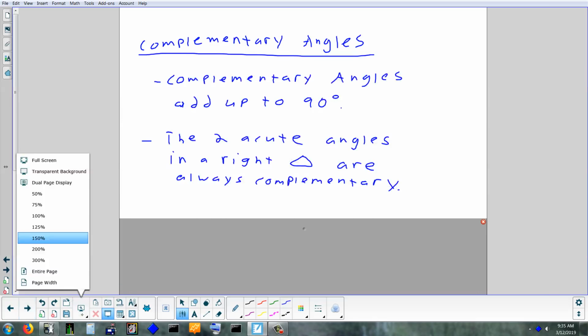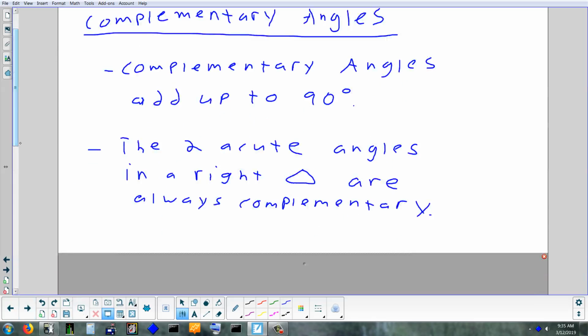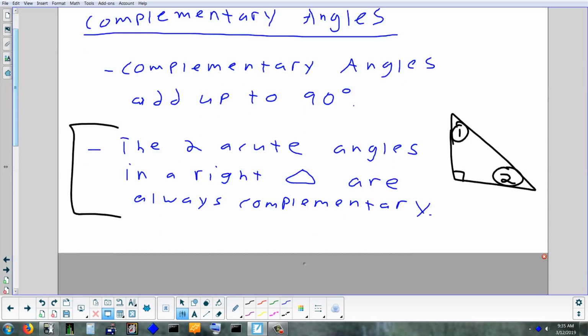Now, I already addressed this earlier, but when you have a right triangle, and you got a 90, 2 angles that I just numbered, 1 and 2, are always complementary. How come? Why do angles 1 and 2 have to be complementary? And if they're not, you don't have a triangle. Yep.